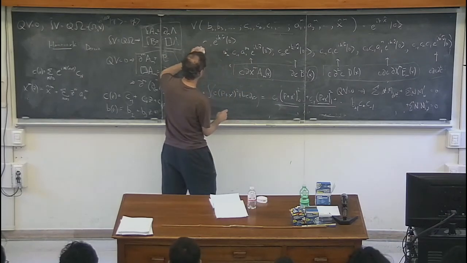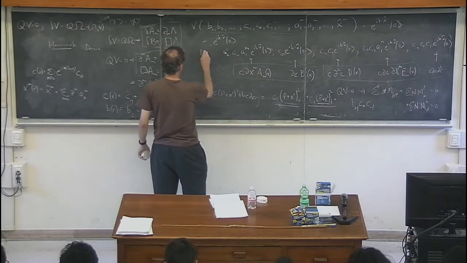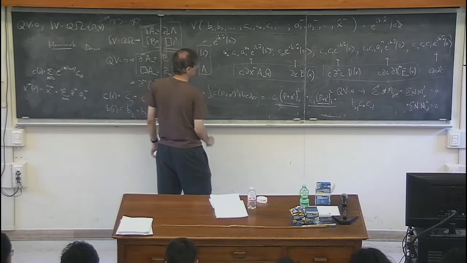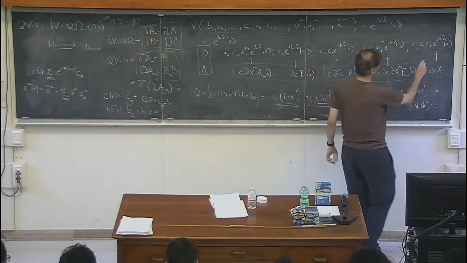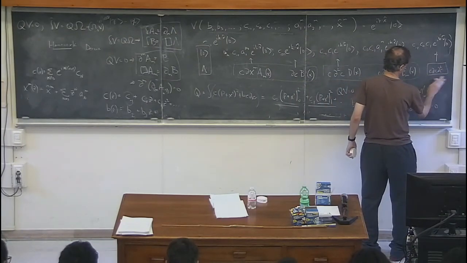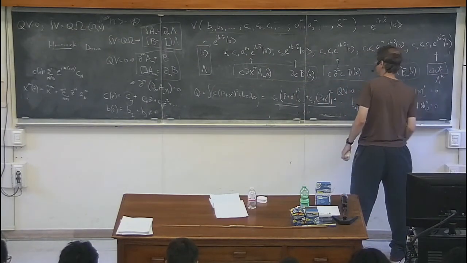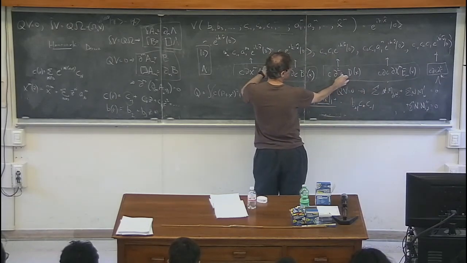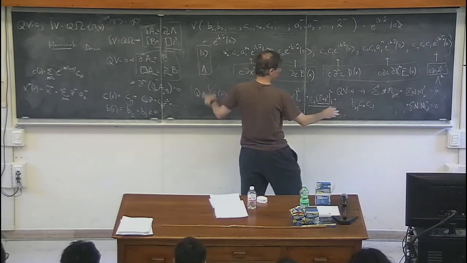The original term was just, I called it lambda here. So this has ghost number 0, and this object here has ghost number 3. So you get the pairing of fields and antifields where ghost number 1 is paired with ghost number 2, and ghost number 0 is paired with ghost number 3.